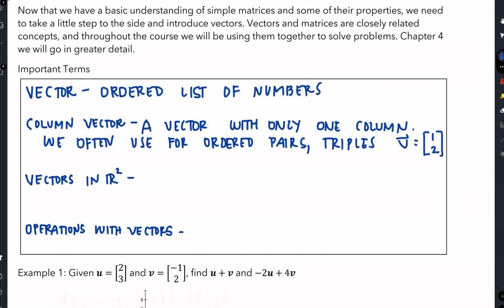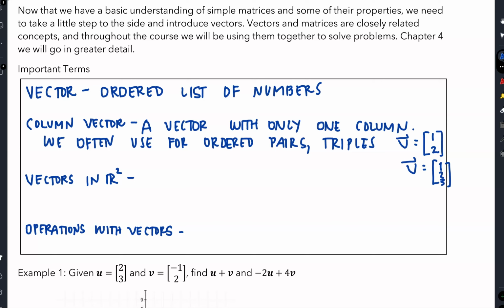That just represents your ordered pair. Or you could have an ordered triple, so if it was a column vector of ordered triples, then it would be 1, 2, 3, like that. So 3 values.